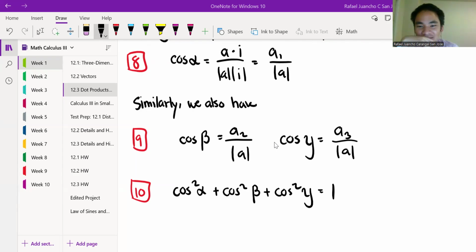We have A1, A2, A3, and we're also dividing it by its magnitude. So that's surprisingly weird, but interesting.